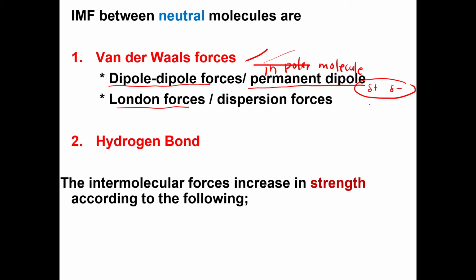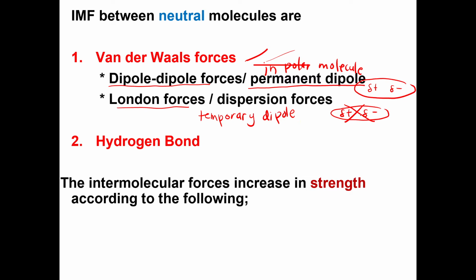Okay. And the second type of van der Waals force is London force, or dispersion force. Yang ini pun dikenali juga sebagai temporary dipole. Temporary dipole meaning partially positive and partially negative, dua charge ni, temporary saja kedudukannya begini, because bila electron move, dia tak akan jadi lagi kedudukan dipole ni.